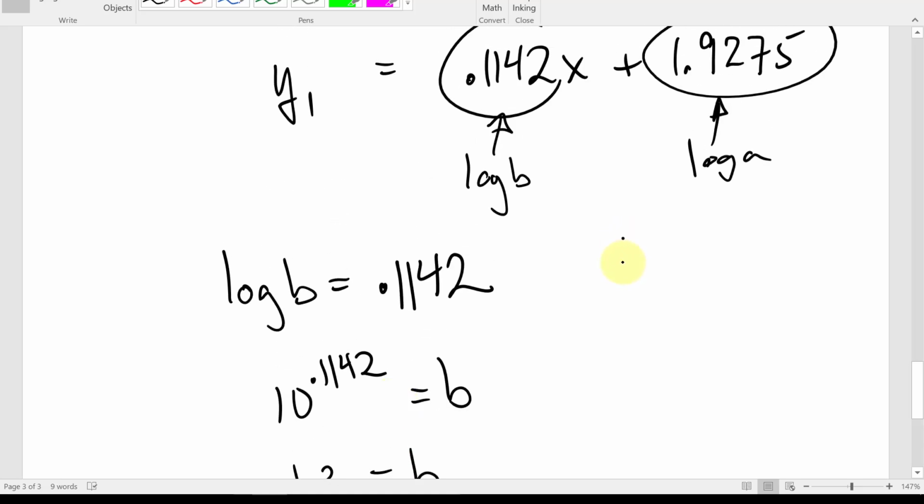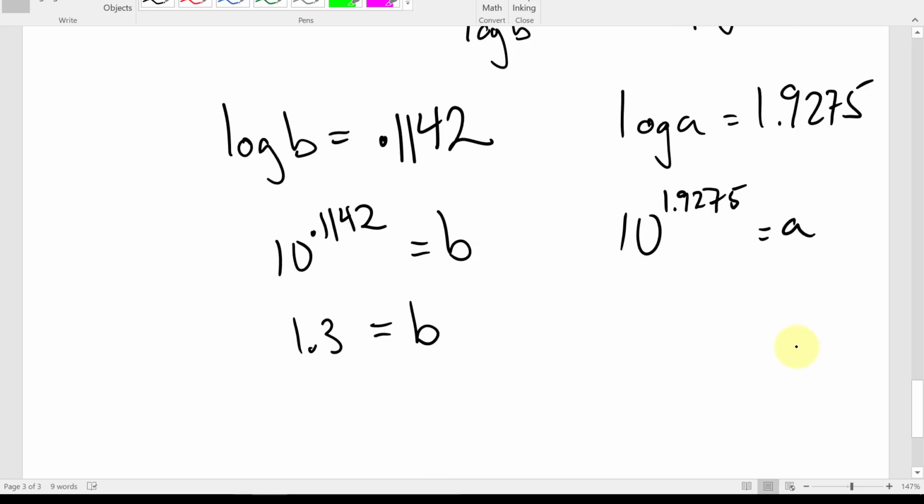And over here, the log of a should be 1.9275, that means 10 to the power 1.9275 is a. And this is going to be about 100, 10 to the 1.9, that comes out to be 84.6 for the a value.